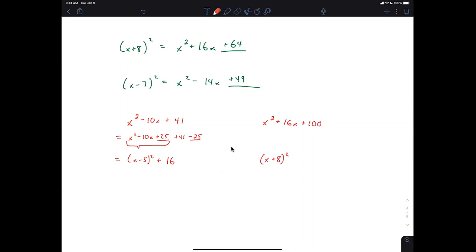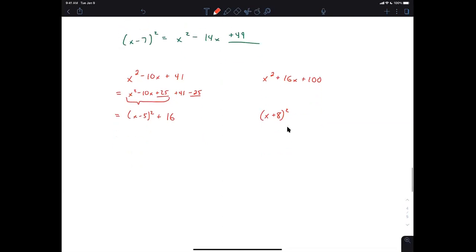We're going to force that in. x plus 8 squared is x squared plus 16x plus what third term? Scroll up because the answer was on the screen. My bad. Plus 64, and then it ends up being 36. So we're going to insert the 64.